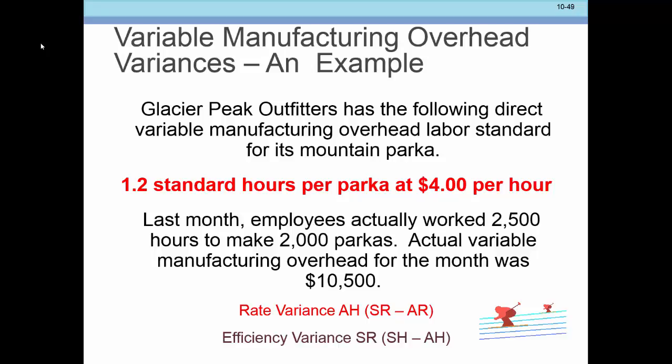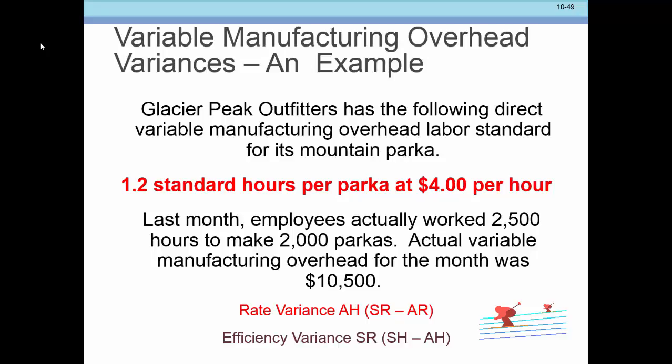Okay, good. All right, how about our efficiency variance here? Who wants to do that one? You want to do efficiency? Okay. So the standard rate is $4, yes, times the actual hours, 2,500.